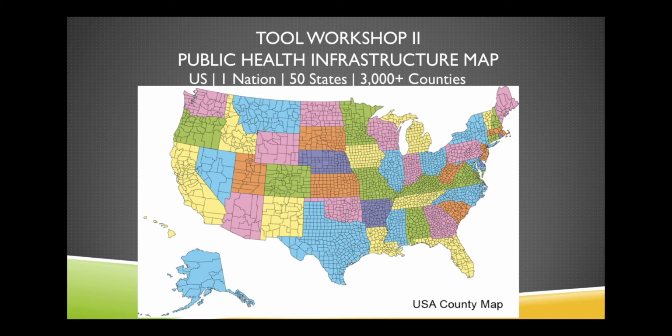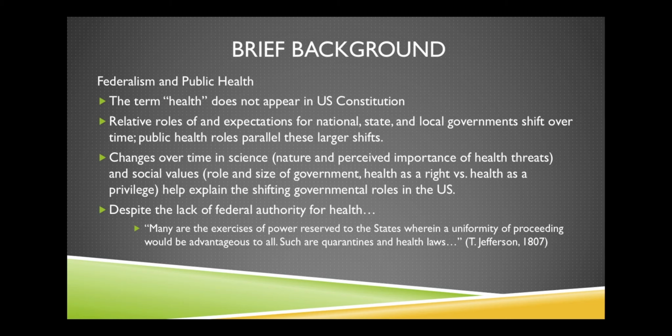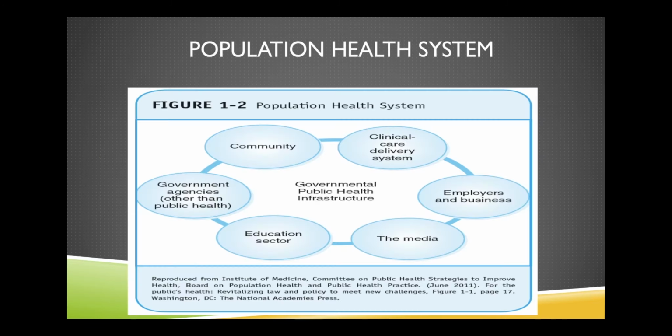Despite the lack of federal authority for health, as Thomas Jefferson once said, many are the exercises of power reserved to the states wherein a uniformity of proceeding would be advantageous to all, such as quarantines and health laws. This table represents our population health system.